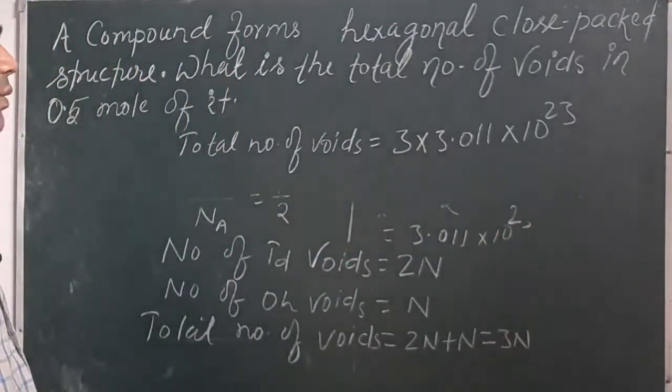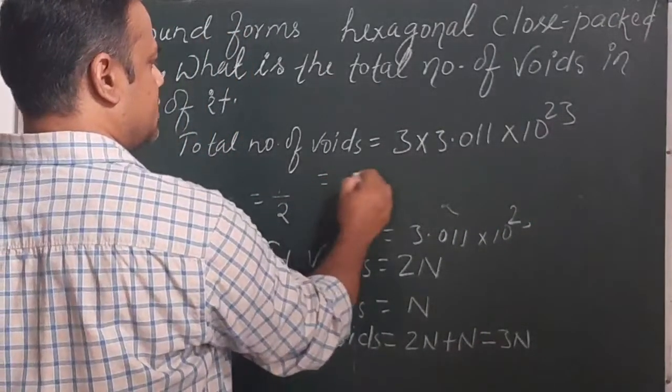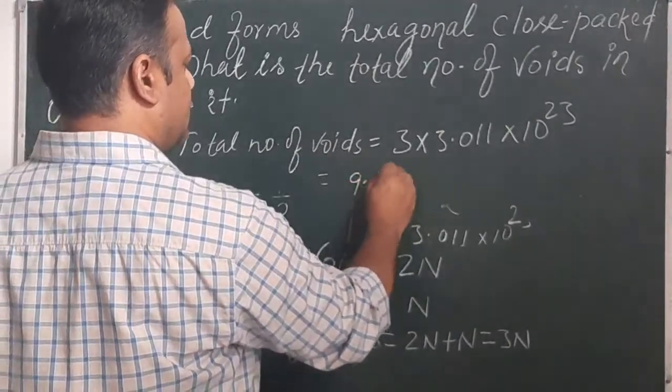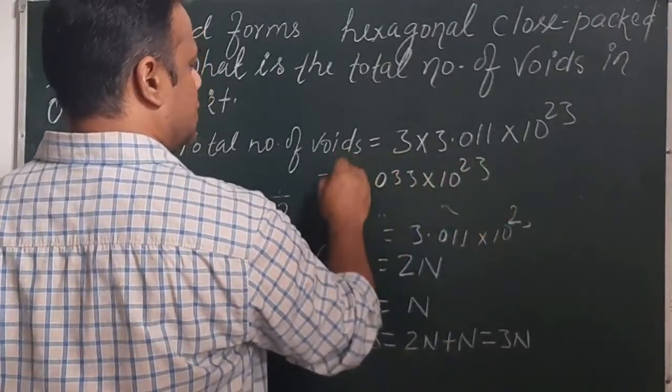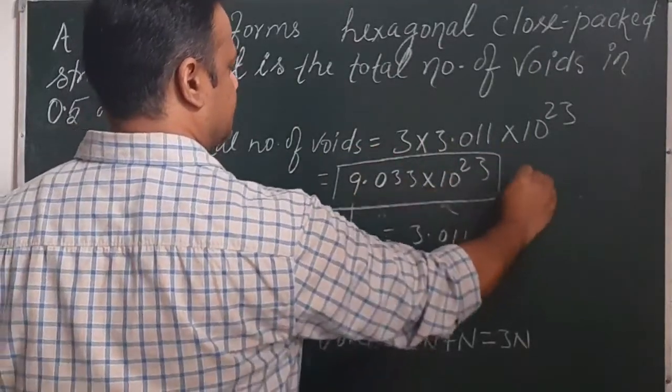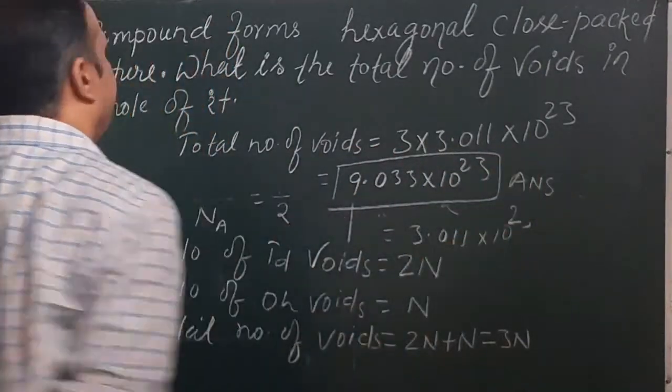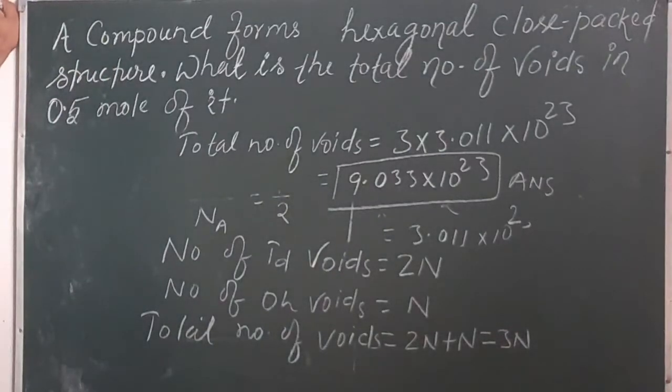This will be the total number of voids, and on solving we will get 9.033 into 10 to the power 23. So this is our answer. So if we take a compound which is packed in HCP, hexagonal close packing, then the total number of voids will be 3n, and that will be equal to 9.033 into 10 to the power 23.